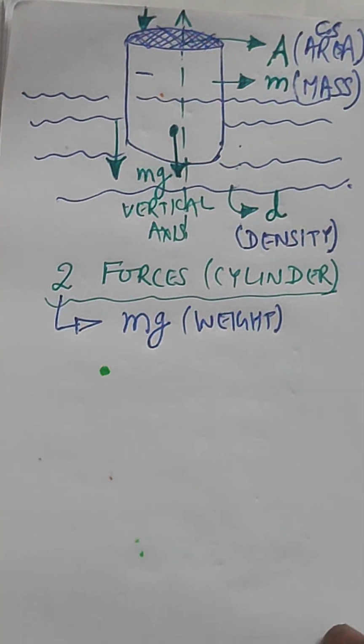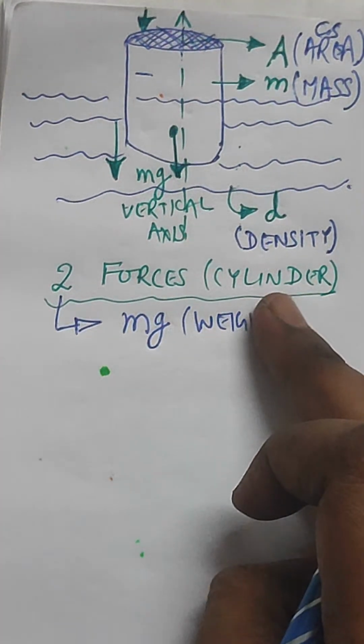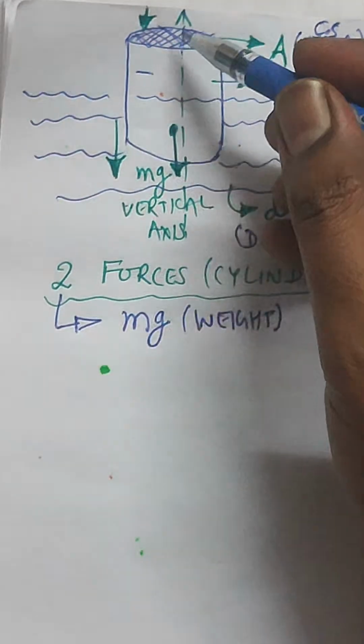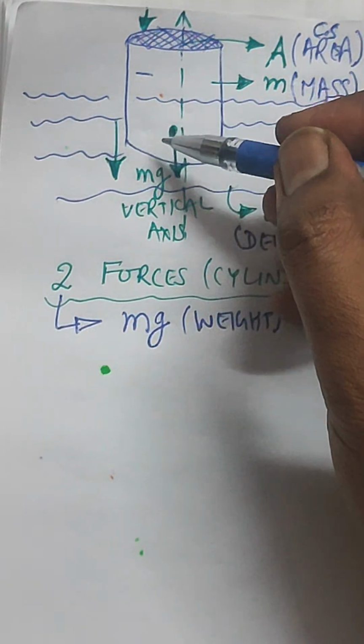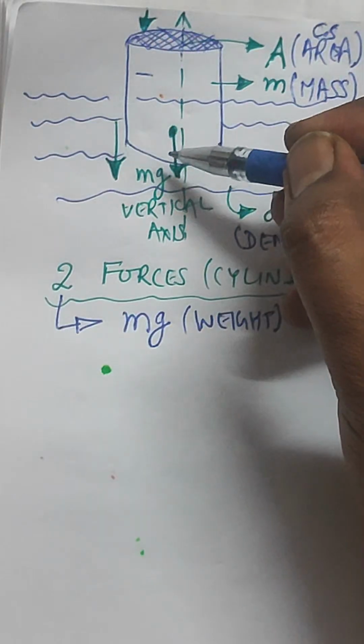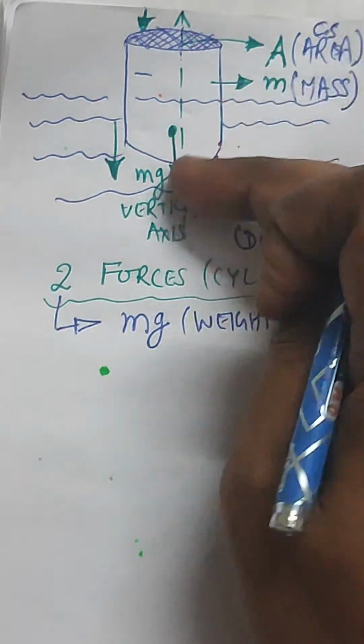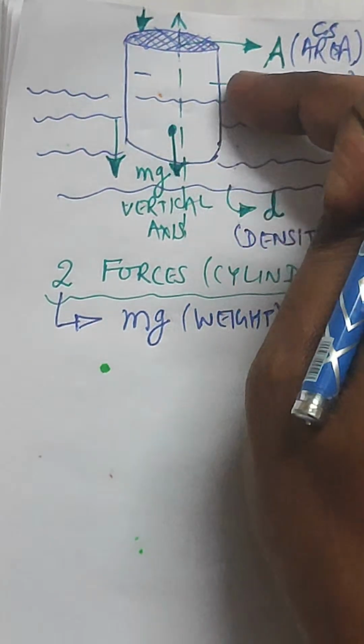Right? Now after this, the force of buoyancy. If you remember the Archimedes principle, if the cylinder is pushed into a liquid of any density, then the cylinder tends to come upward.